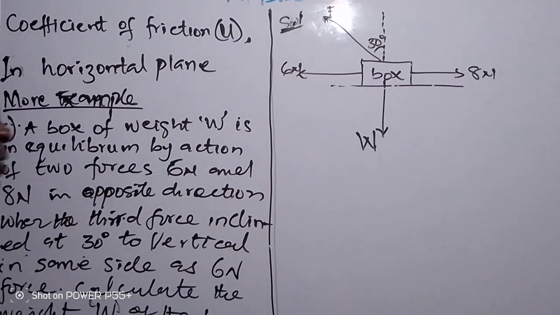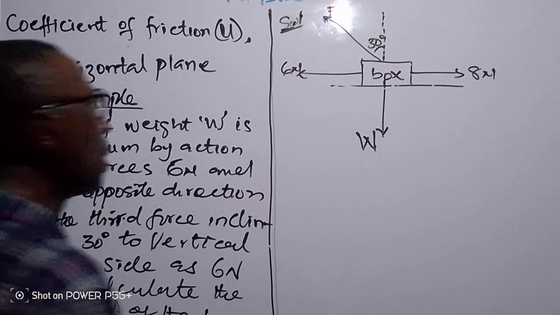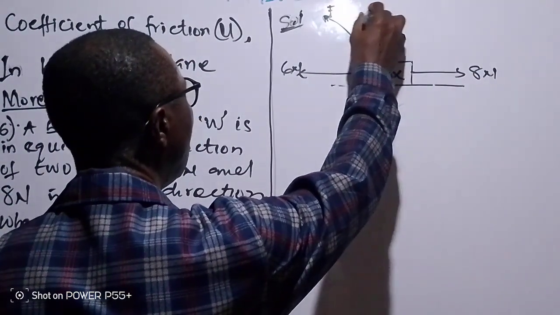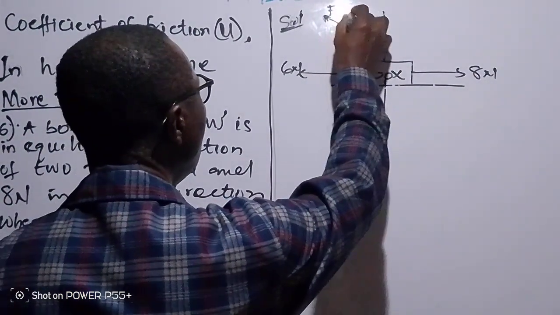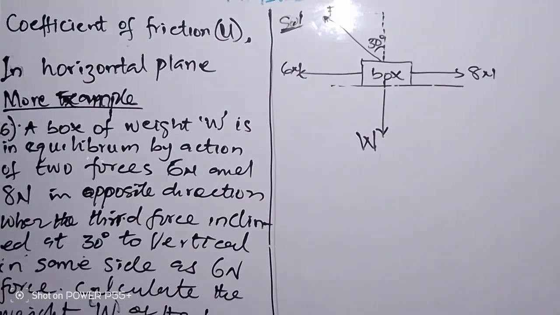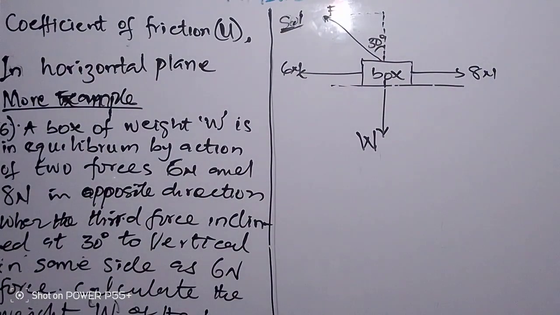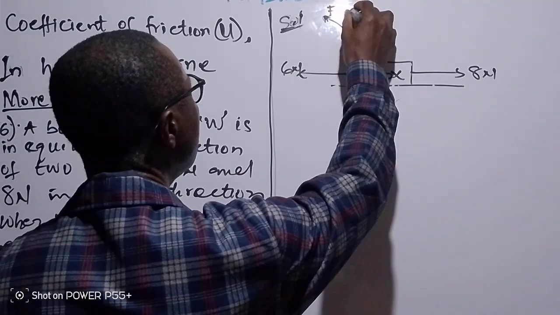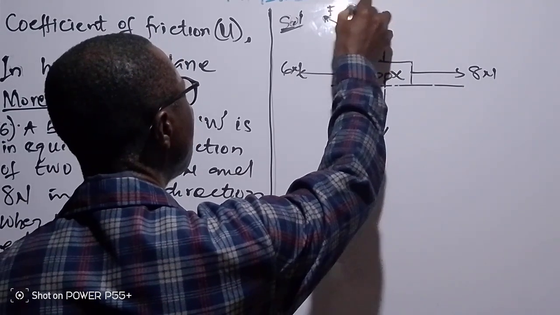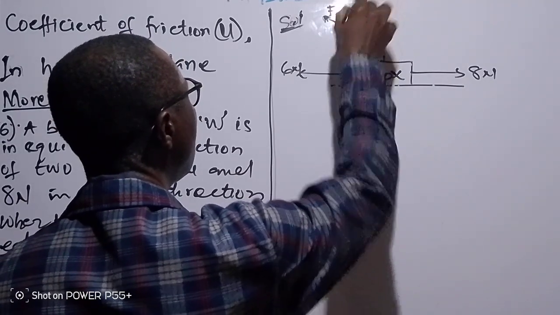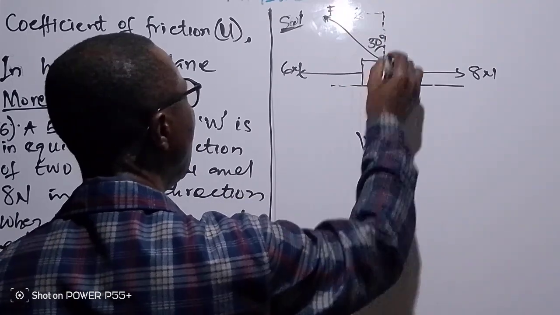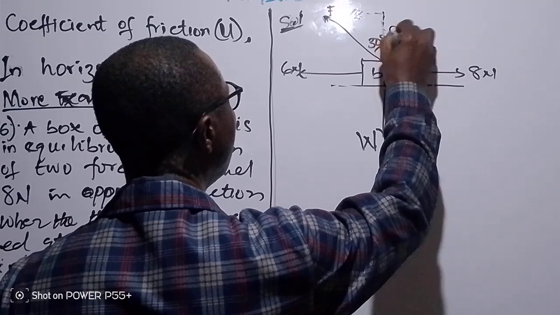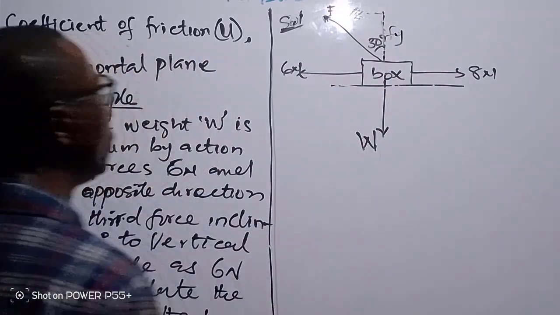Now, for the horizontal force, if you look at this force F, we don't know the value and we must calculate it. Let's say this is the direction of force F in horizontal direction, and for the same F in vertical direction, let's call it Fy.